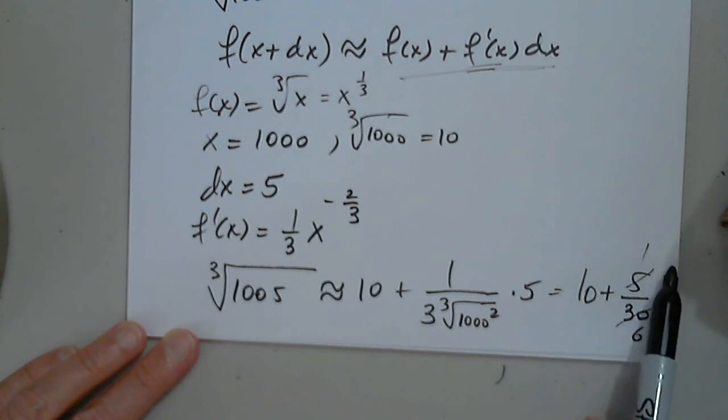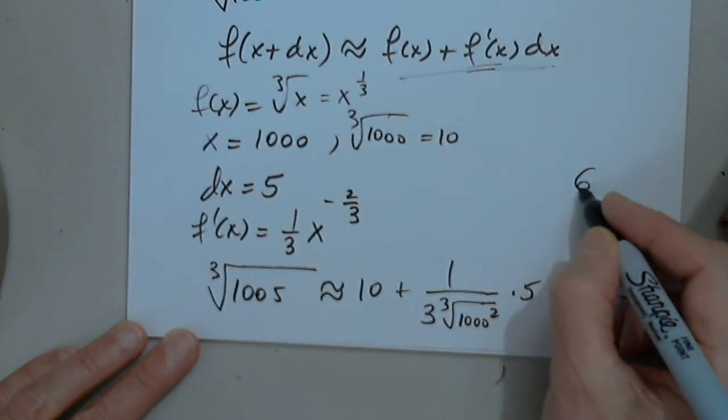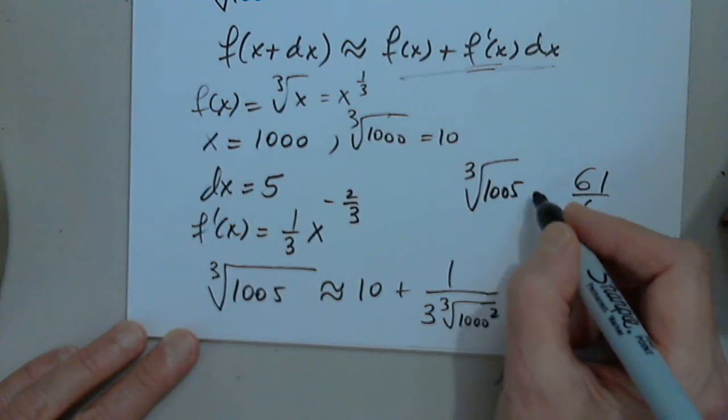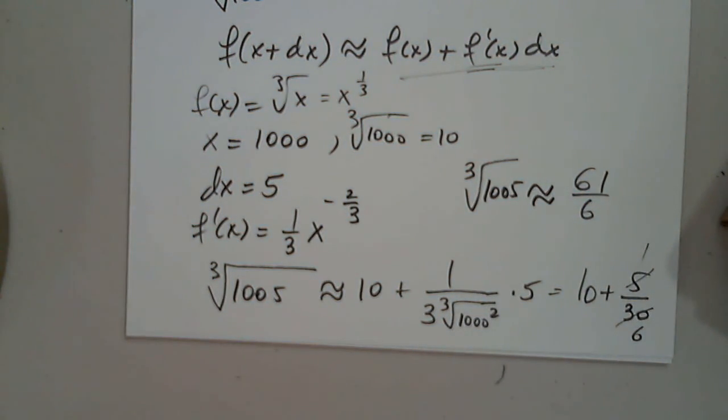Remember, 61 over 6. 61 over 6 is the same or very, very close to the cube root of 1005. So we go to share, and I'll stop right this moment just to show you 1005 to the power 1 divided by 3.